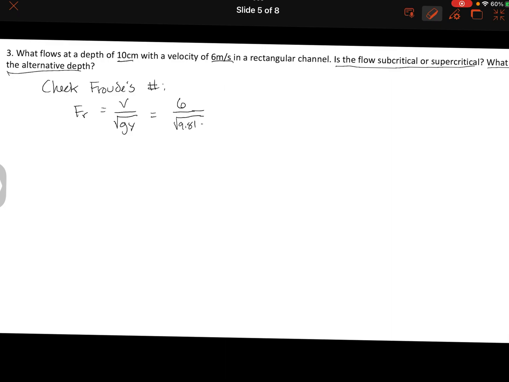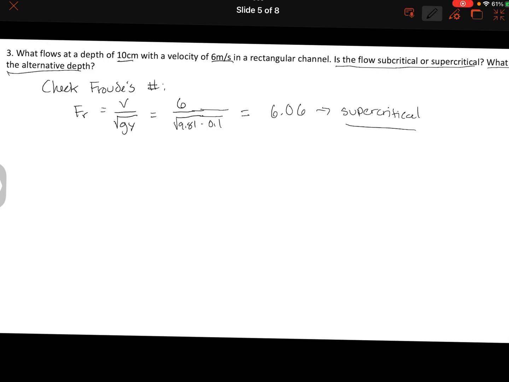Ooh, it's a little bit bigger of an eraser than I was hoping for. And if we plug and chug everything here, we should end up with a Froude number of 6.06, meaning that our flow is supercritical. The reason why this matters is that the alternative depth to a supercritical flow regime is going to be higher than the water depth that we were originally given of 0.1.